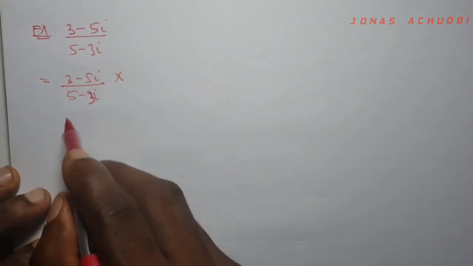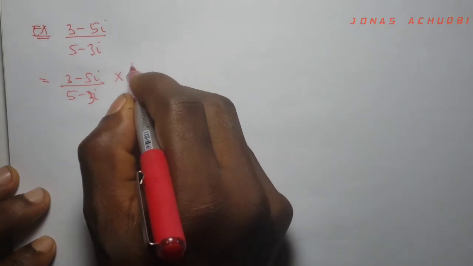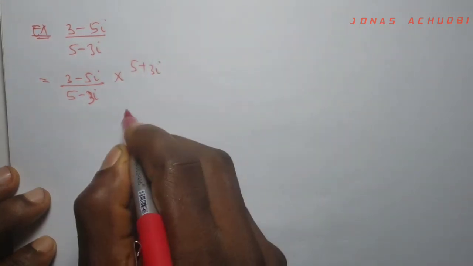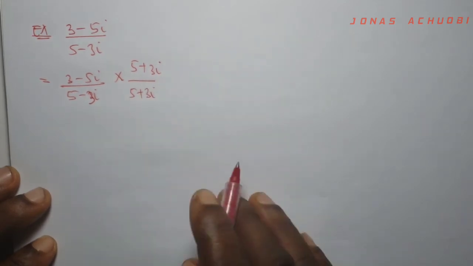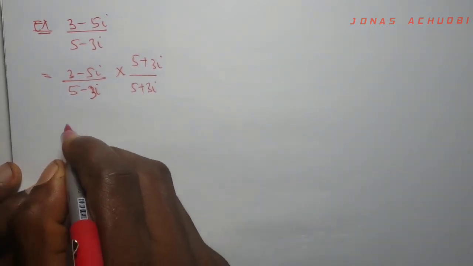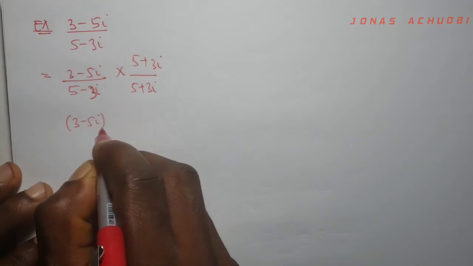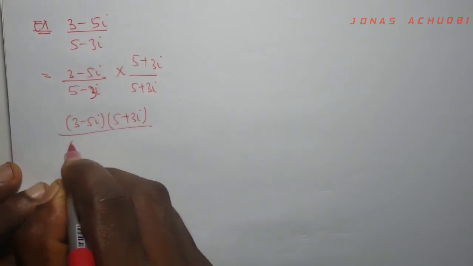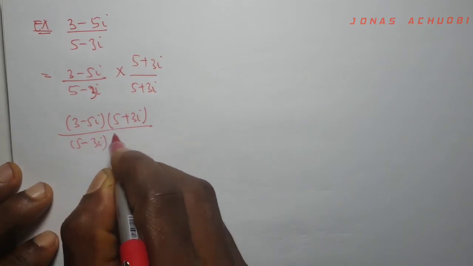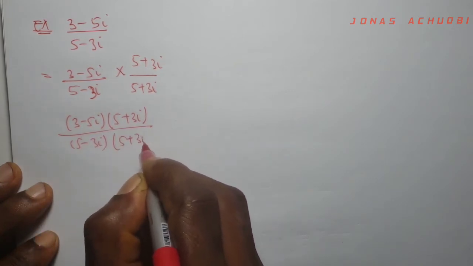The complex conjugate of 5 minus 3i is 5 plus 3i. Divide by the same complex conjugate, 5 plus 3i. We multiply out. So this means 3 minus 5i multiplied by 5 plus 3i, divided by 5 minus 3i times 5 plus 3i.